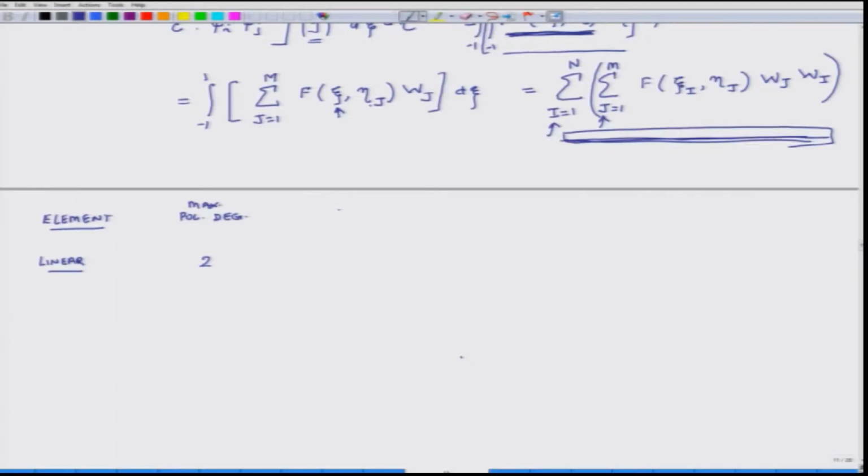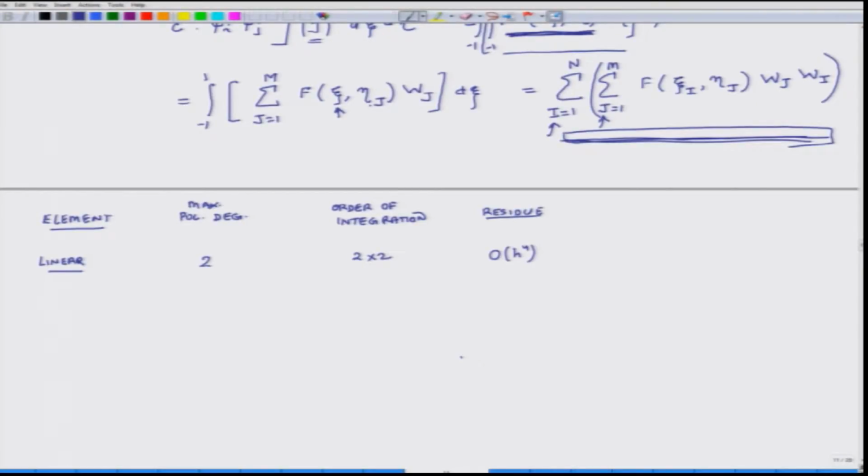So the order of integration is 2 times 2, and the residue or the error, as I keep on shrinking the size of my element, the order of that residue goes down in this fashion, where h is a normalized length of a typical element.